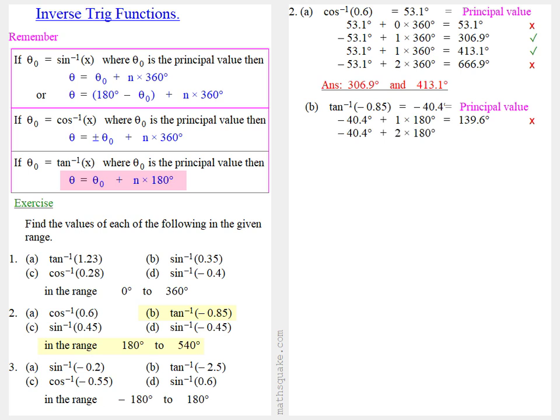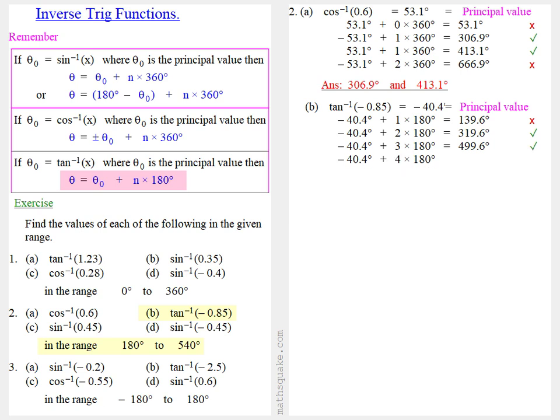If we take n is 2, then we have minus 40.4 plus 2 times 180 degrees, which is 319.6 degrees, which is in the region we want. And if we take n is 3, we end up with minus 40.4 plus 3 times 180, which is 499.6 degrees, and again that's in the region we want.